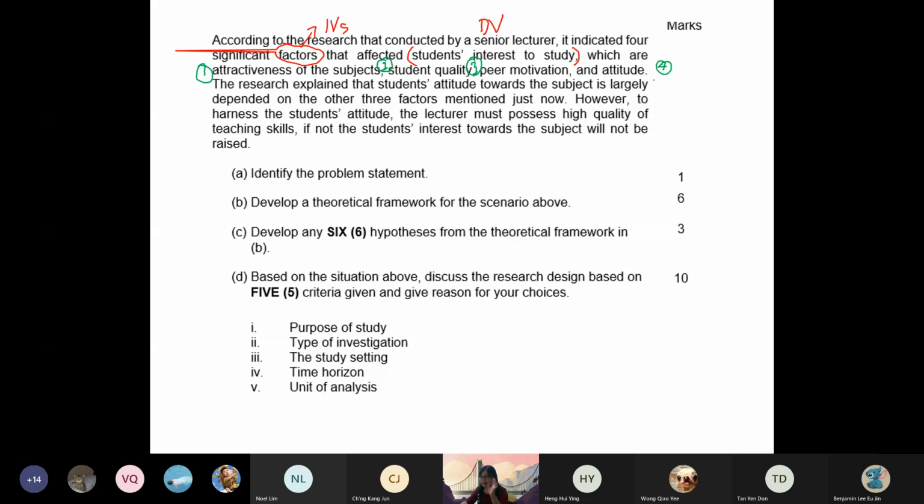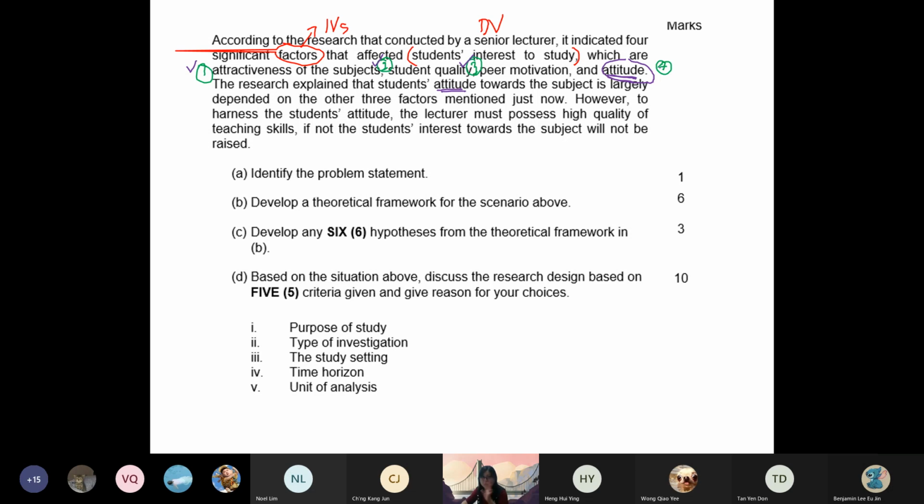The research explained that student attitude toward the subject here is largely dependent on the other 3 factors mentioned just now. It means the question is trying to tell you that attitude will be influenced by these factors 1, 2, 3.